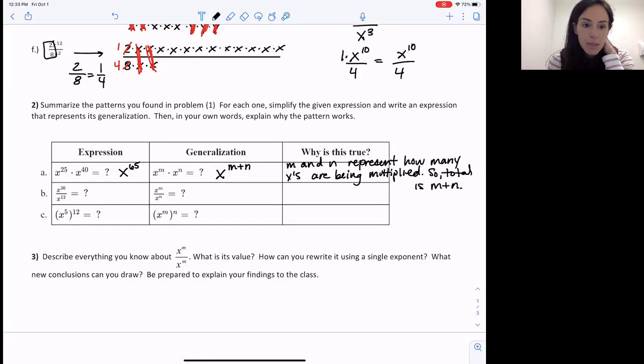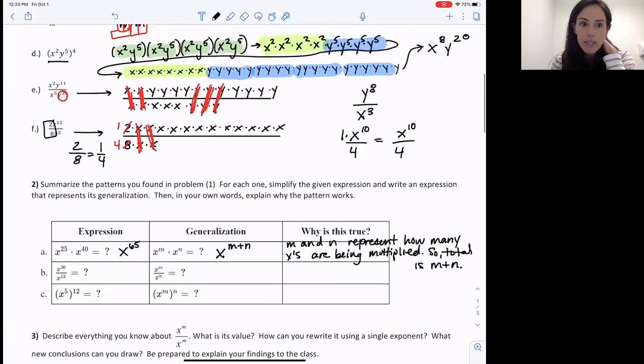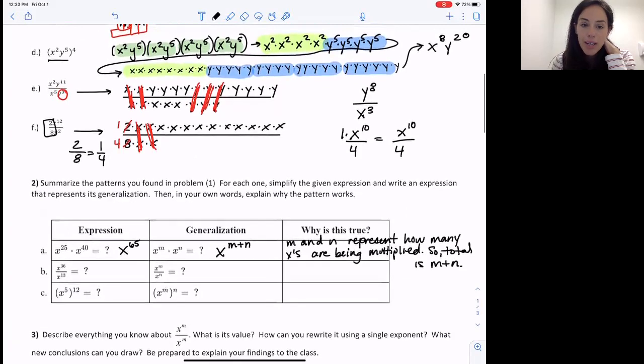Okay, the next one, x to the 36 over x to the 13th. I'm not going to write out 36 x's on top and 13 on the bottom. But I'm thinking what happened in these previous examples. Well, I know that when I had x's in the numerator and the denominator, some of those canceled out.